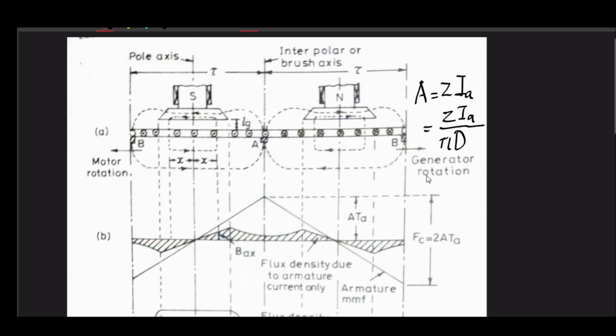Okay, so here I have not considered parallel path. If it is parallel path, then ZIA by A, and this one is known as armature electric loading.